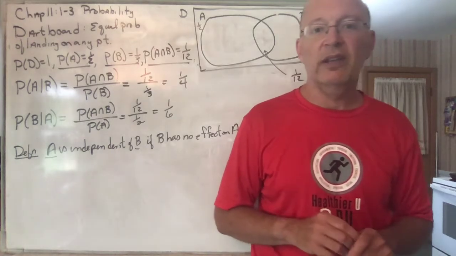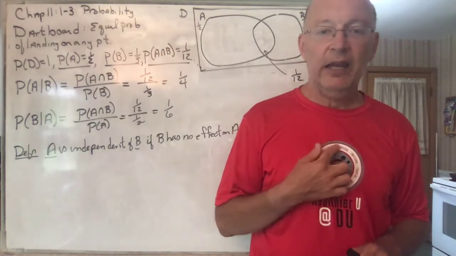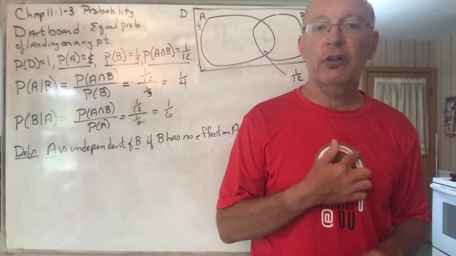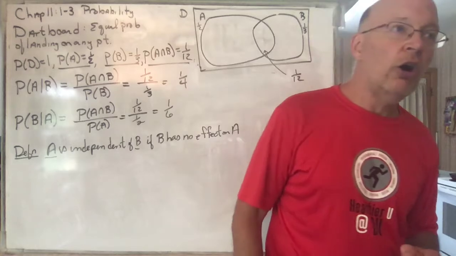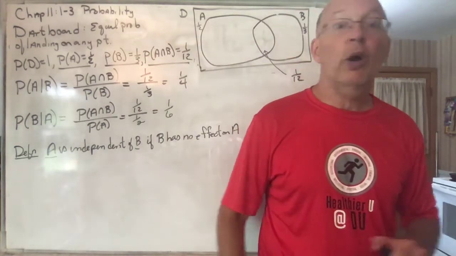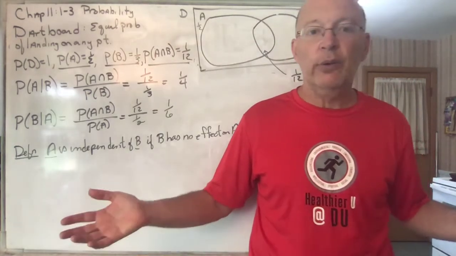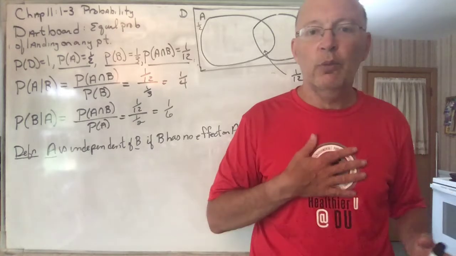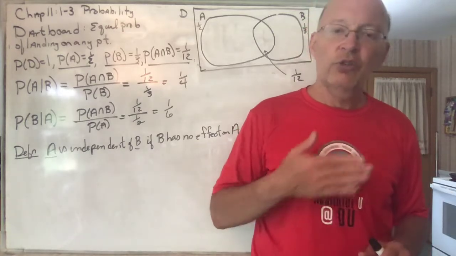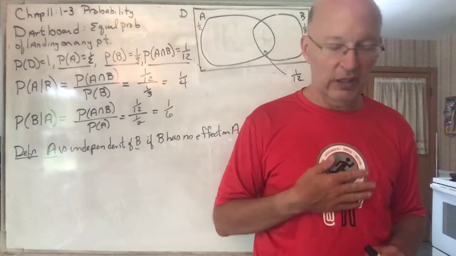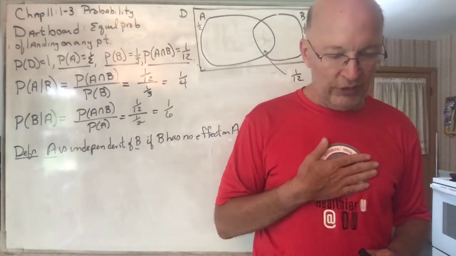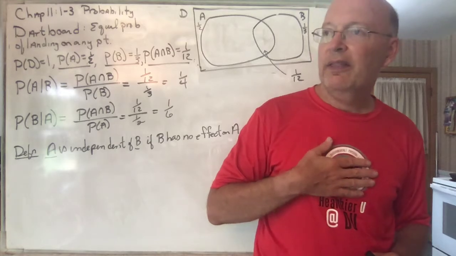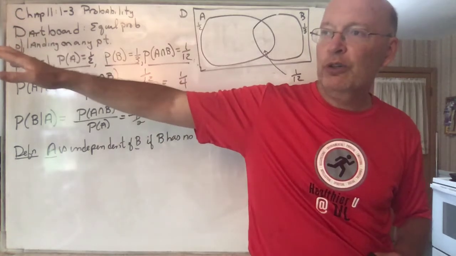So let's choose one that is. The fact that I happen to have a shirt with a little round circle here in the middle has nothing to do at all with whether you are wearing glasses or not. Do you agree with that? So knowing that I have a shirt with a circle tells me nothing about whether you're wearing glasses.